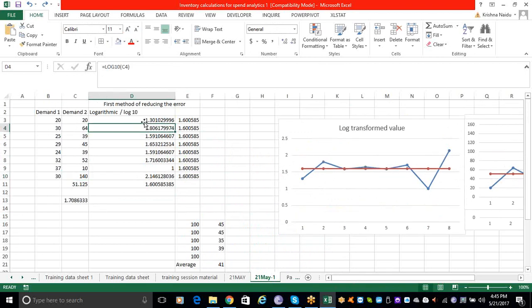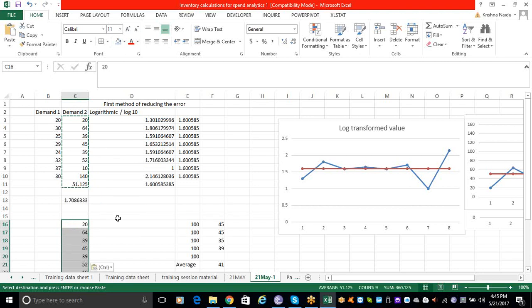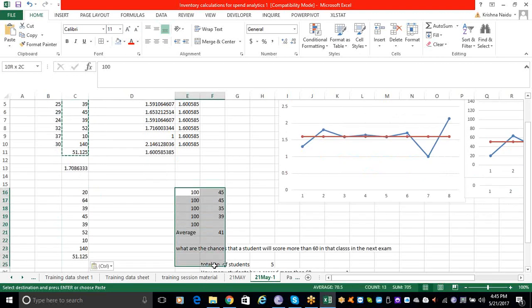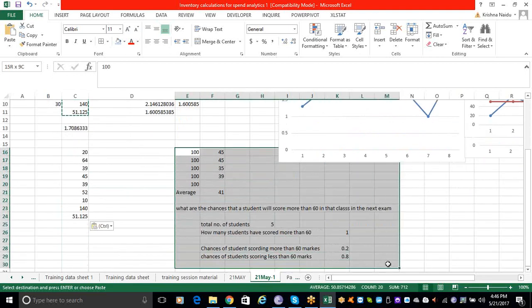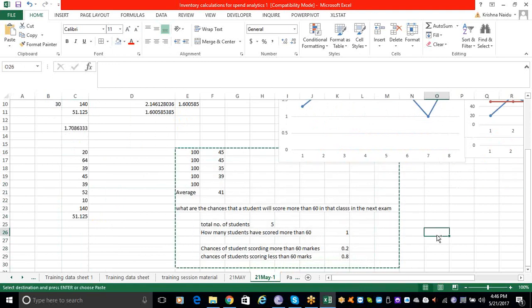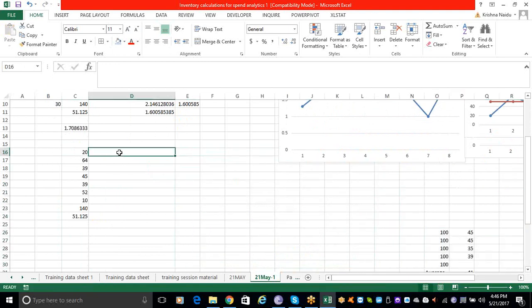I'll lock this number. This is the second scenario, second transformation method.